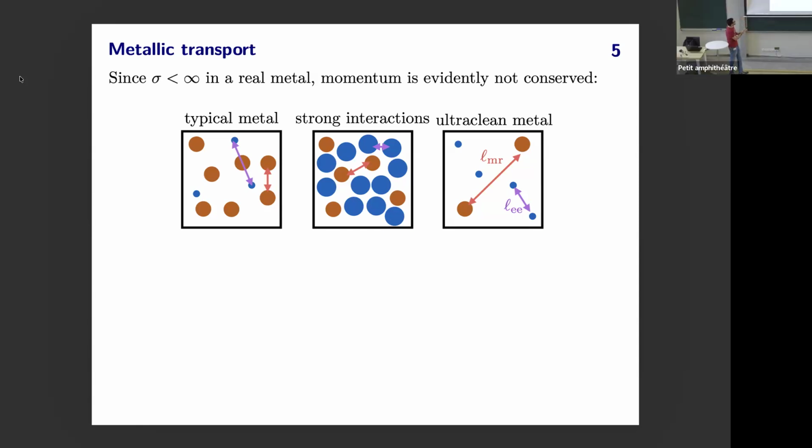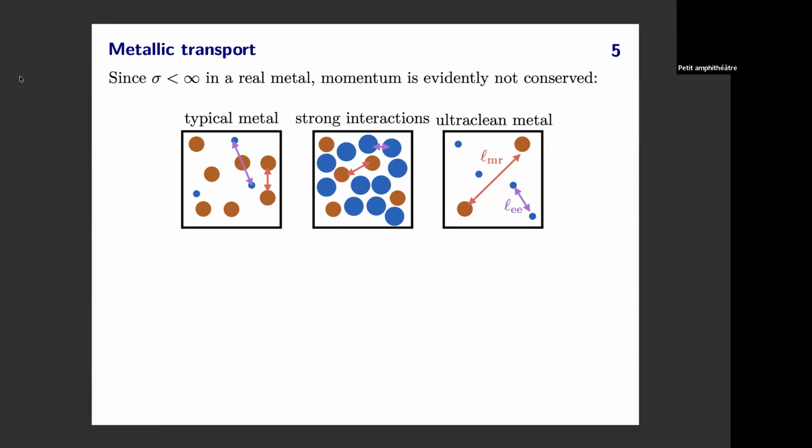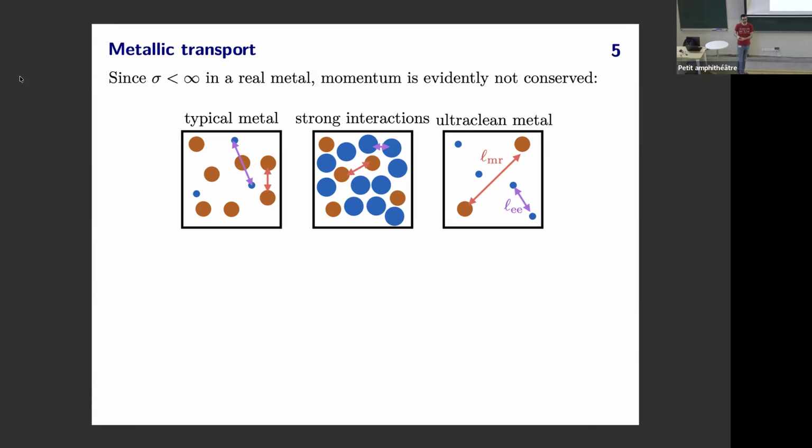And it might be possible here, as I've tried to schematically depict, that this purple scattering length is still short compared to a momentum relaxing scattering length. Okay. It might not be so straightforward to define those scattering lengths, but morally you might imagine this is one possibility.